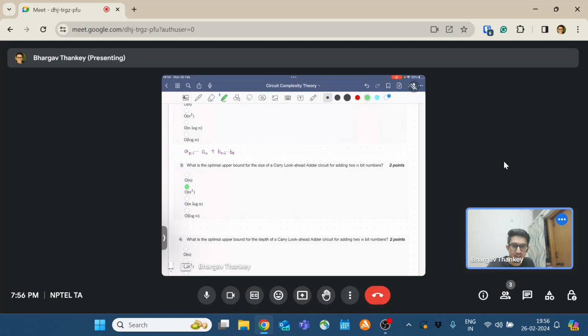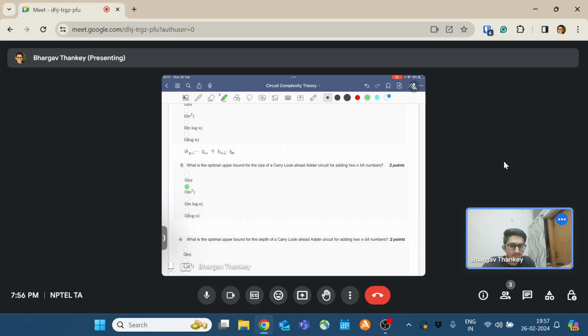Because here, for computing ai plus bi, we were computing all the carries Ci in parallel, right? So we were computing C0, C1, C2, C3, and so on. To compute C0, you need order 1 gates. To compute C2, you need order 1 for C1 plus order 1 for a2 plus b2.